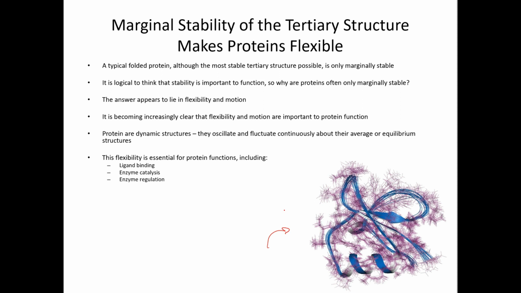So, the flexibility of protein is really important for all kinds of functions, which include ligand binding, which I mentioned, enzyme catalysis, which we'll get into significant detail in the next chapter, and regulation.